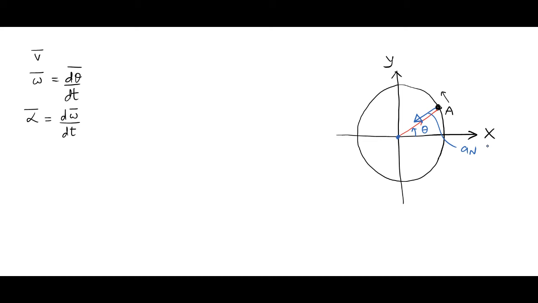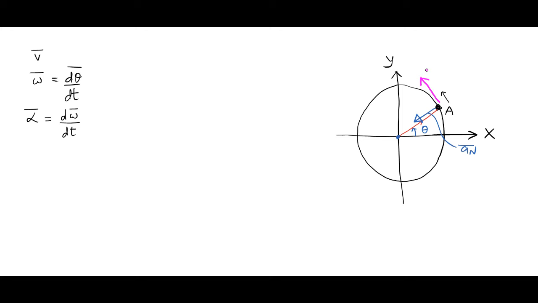It's surely a positive number, because we are sure of the direction of an bar. It's inward, radially inward. So if you want, you could call it an bar because you're sure of the direction. And the second component of the acceleration is going to be tangential.